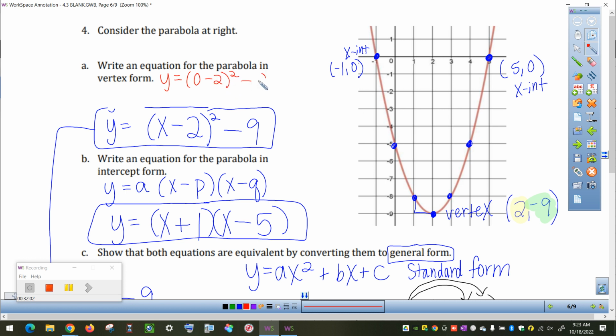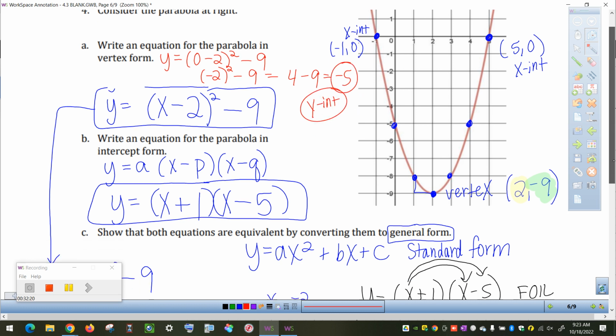And then it's all about order of operations. So you would do 0 minus 2, which is negative 2. You would do your exponent here, negative 2 squared is positive 4. And then you would subtract at the very end. So here we have a y-intercept of negative 5.